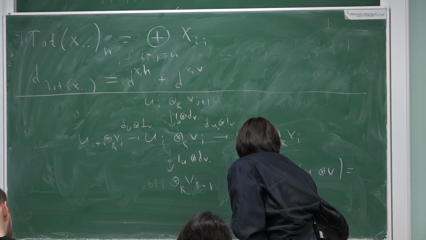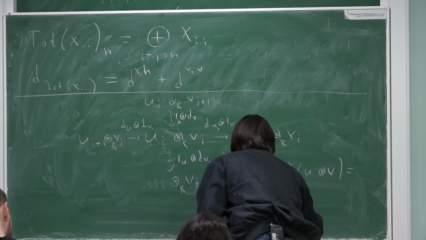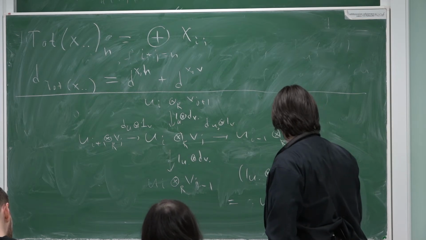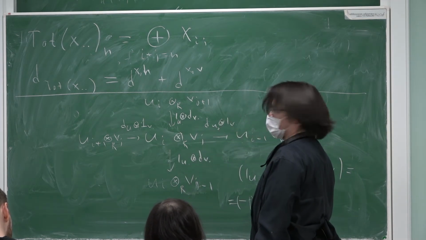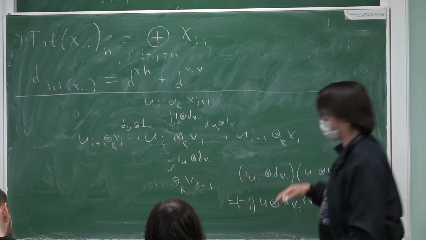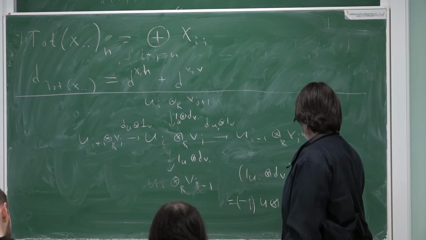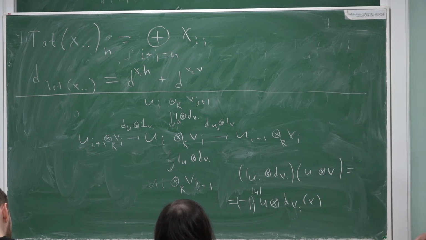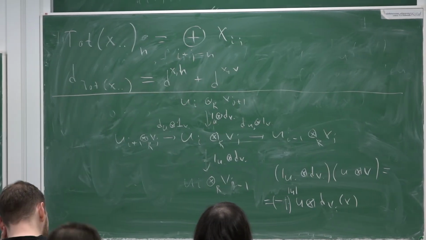It is u tensor d_V of v, as everybody expects, but you have to multiply by the sign of d_V, which is 1, because d_V changes the degree by 1. So multiply by the sign of u. And here, if you have u_i, it is exactly i.